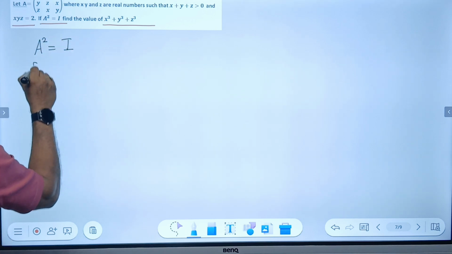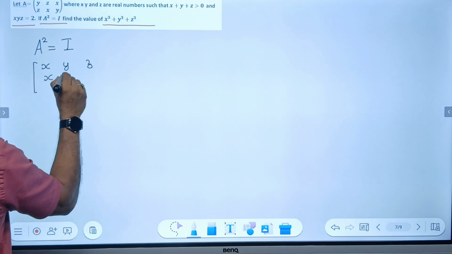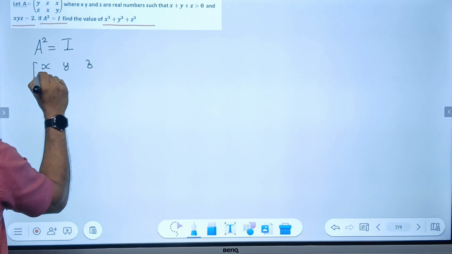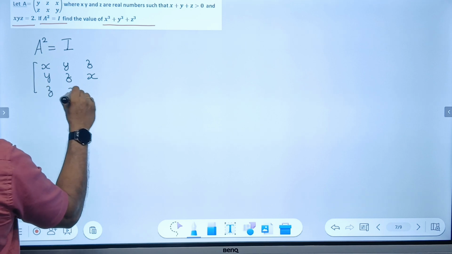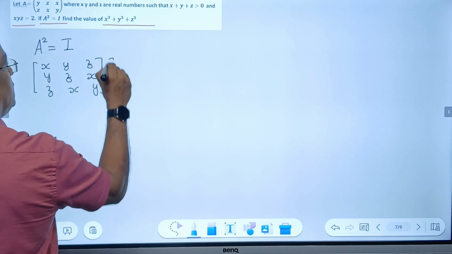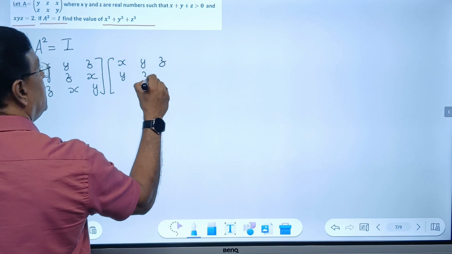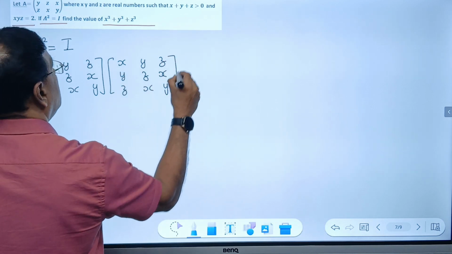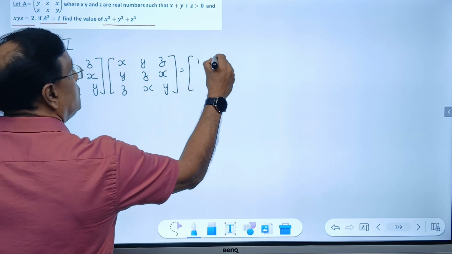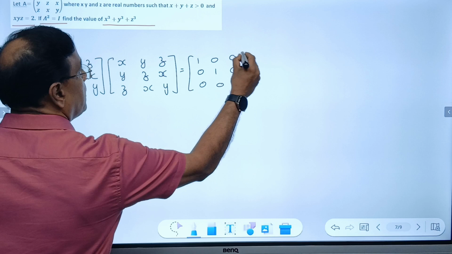So what is A square? x, y, z, y, z, x, z, x, y into x, y, z, y, z, x, z, x, y equal to 1, 0, 0, 0, 1, 0, 0, 0, 1.